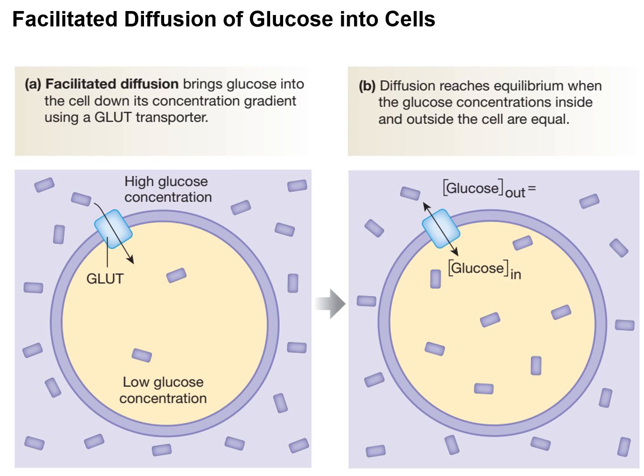Such a carrier protein for glucose we call the GLUT transporter carrier protein. This transporter protein is available widely on our cells, and it allows the movement of glucose from high concentration to the area of low concentration.